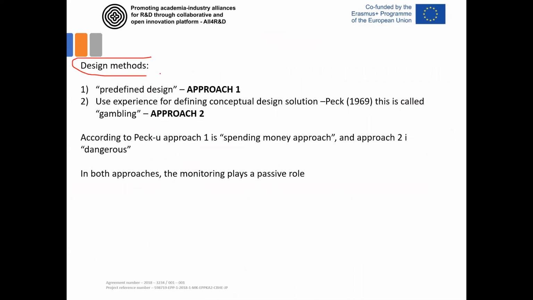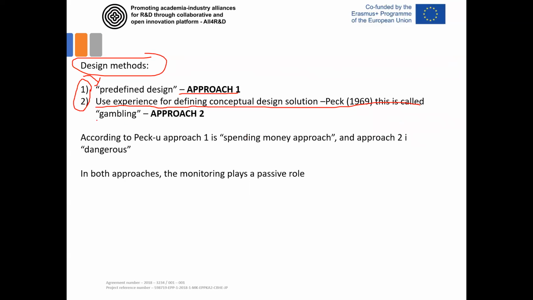So when we are talking about design methods, not observational methods, but some conventional design methods, we have two options. The first one is predefined design, that is so-called approach one, and the second one is just to use experience for defining conceptual design.